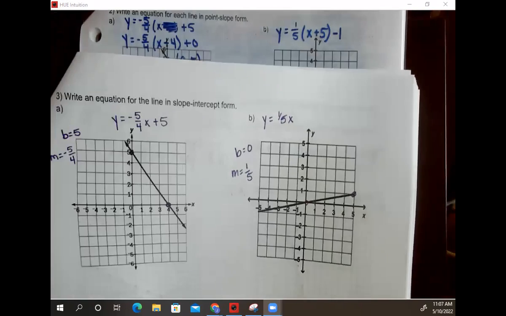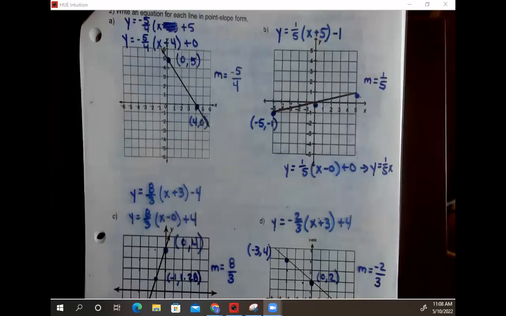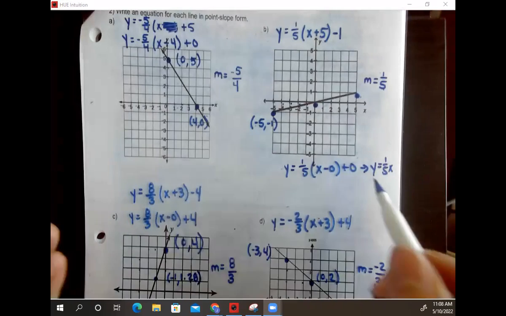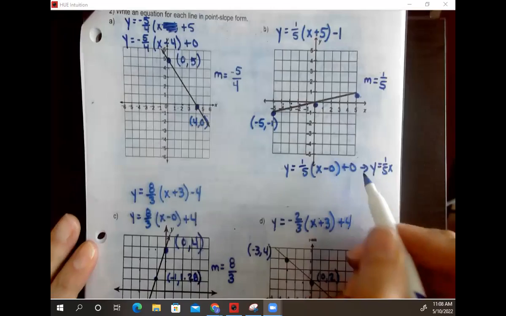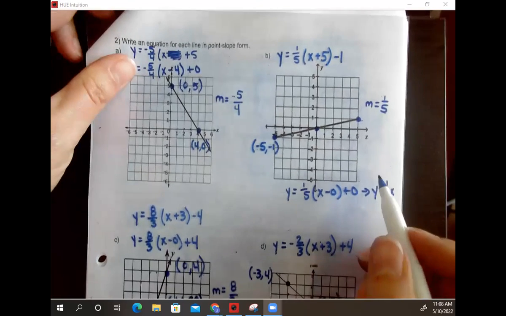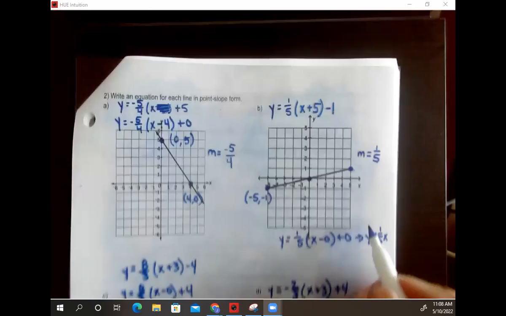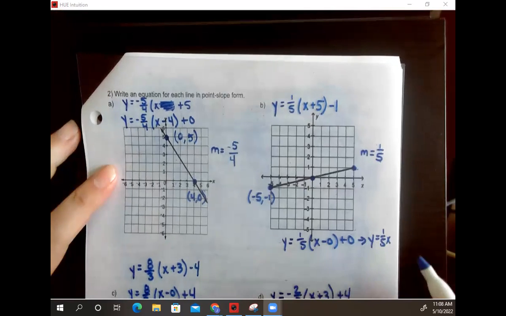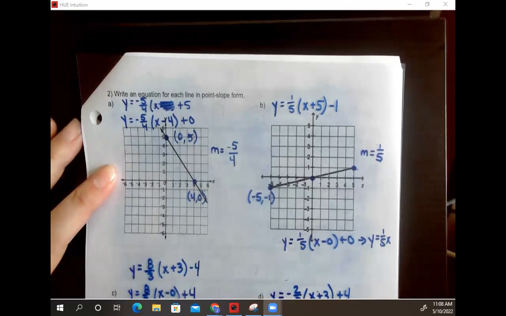Now, I want to show you something. I didn't write my equation for b based on that y-intercept, which was at the origin. I wrote it on a different point. However, the reason that we can pick any point we want, and it's going to match our line, and we can have several equations that describe the same line, is this.